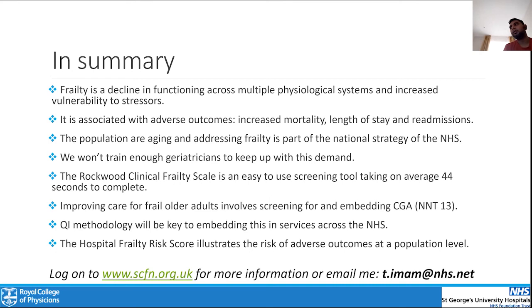And I think for anyone who's looking for a good QI project, this is one that has a lot of information in terms of trying to embed this in the service, and it would result in high impact, I think, in the patients that would receive a CGA if it can be embedded successfully.